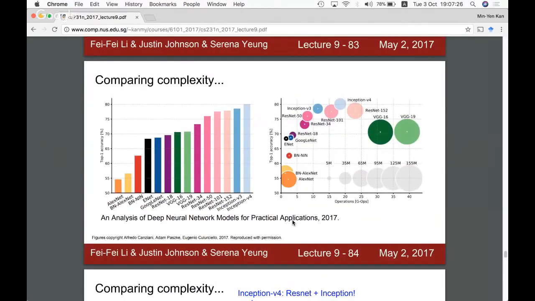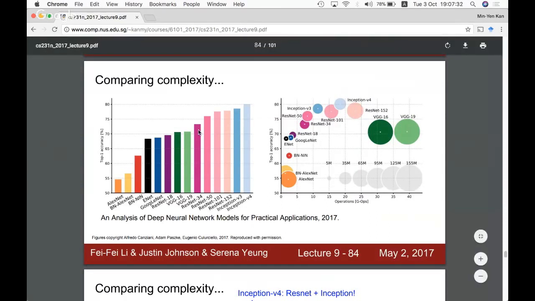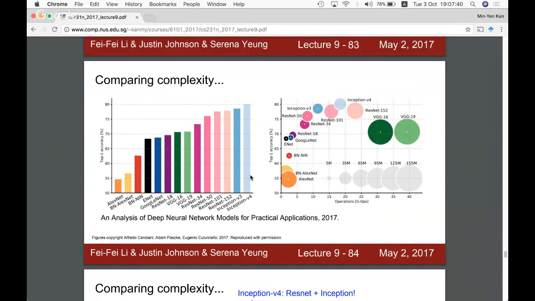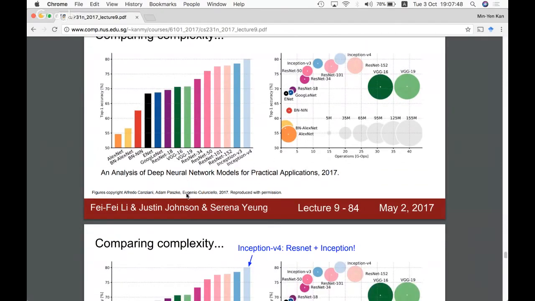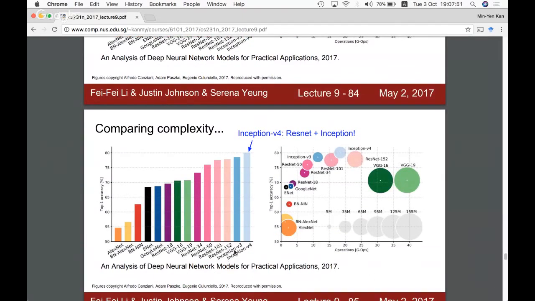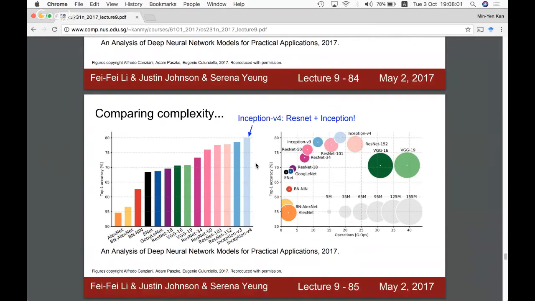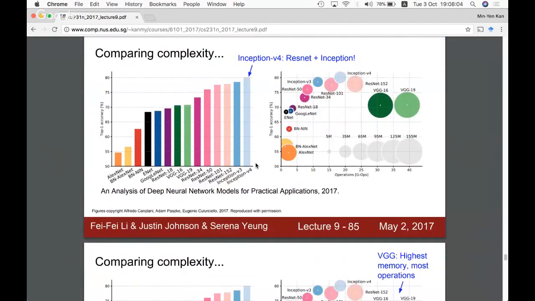In terms of complexity, the graph on the left shows the top-one accuracy of all the networks, so higher is better. You see how the accuracy has improved steadily, and the final one is Inception V4, which is basically ResNet plus the Inception network together, and that has the highest performance.